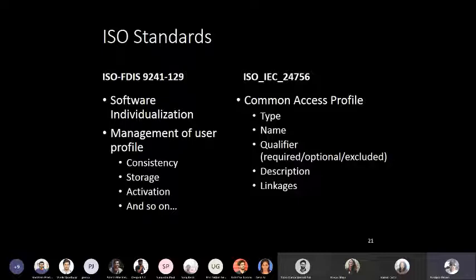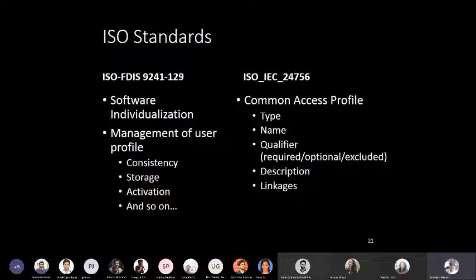While the other standard, ISO IEC 24756, talks about a common access profile, mostly for making user interfaces accessible, or mostly thinking about assistive technology, and it proposes a common access profile in the form of a hierarchical structure.